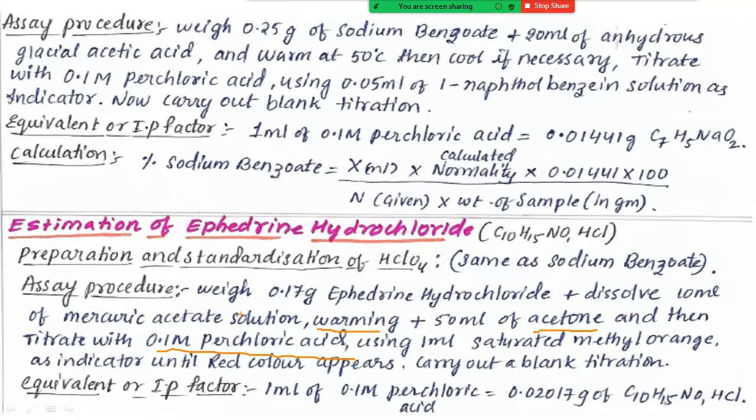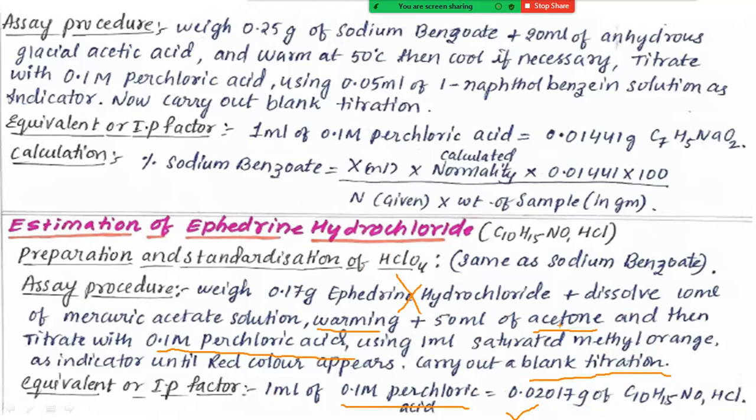Here also we are adding different reagents, so this titration is also performed with a blank titration. That means without adding any sample, we perform this experiment too. Finally, we can calculate the percentage purity. This is the equivalence point: 0.02017 grams of ephedrine hydrochloride is equal to 1 ml of 0.1 molar perchloric acid.